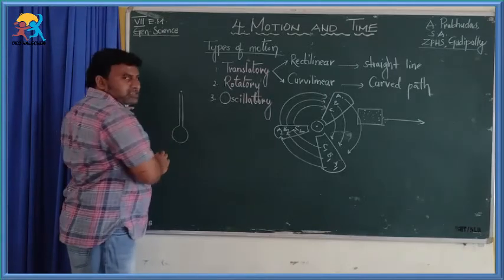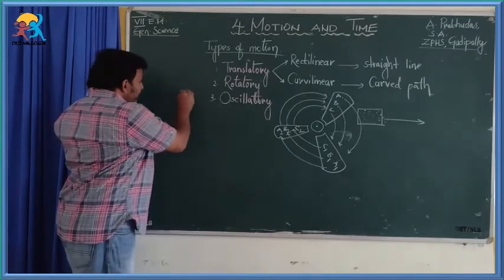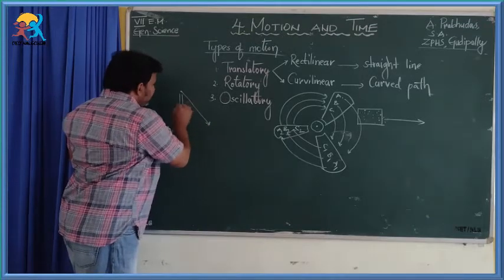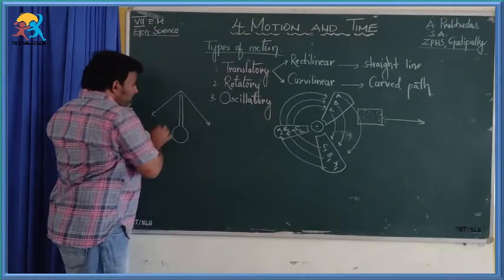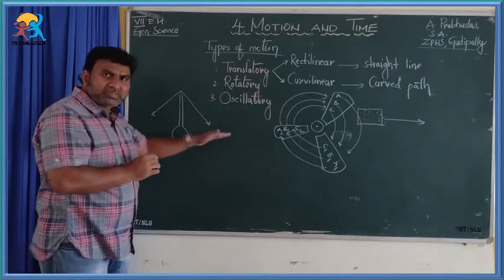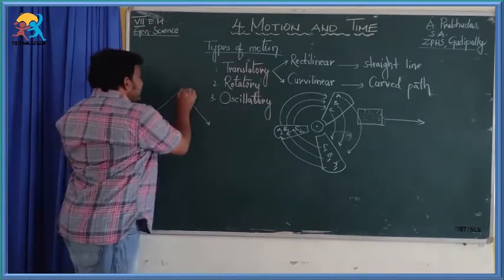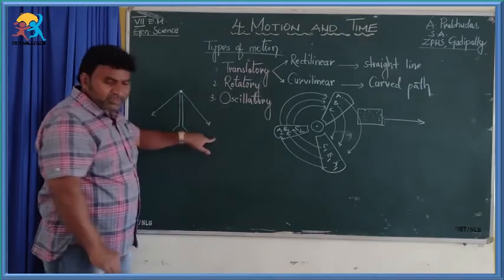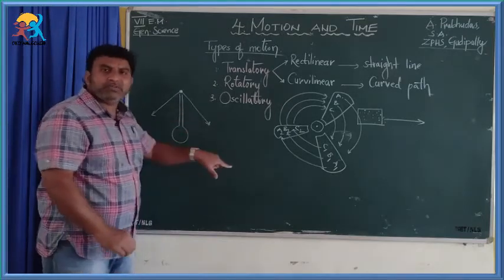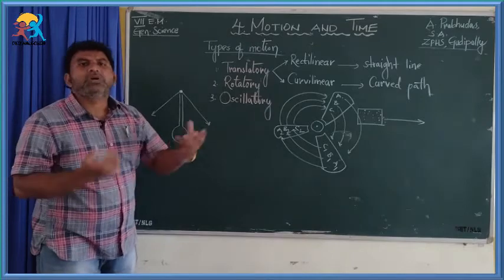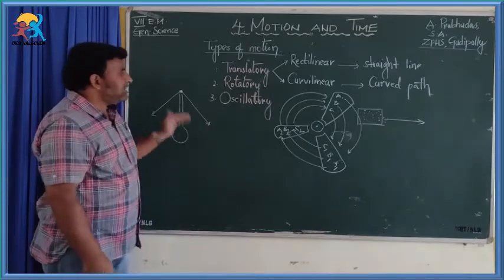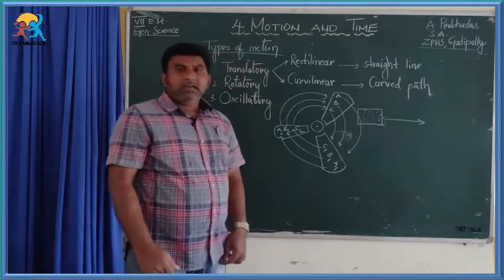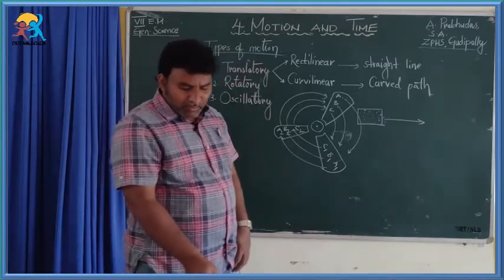This is a fixed point. So, the pendulum moves to the left side and to the right side continuously about a fixed point. So, the pendulum moves about a fixed point in to and fro direction. Such type of motion is oscillatory motion.